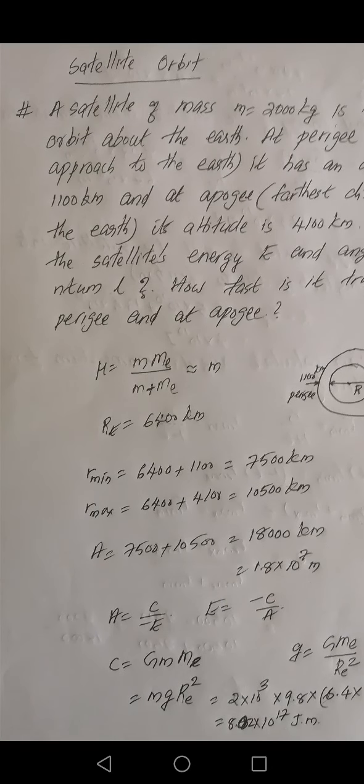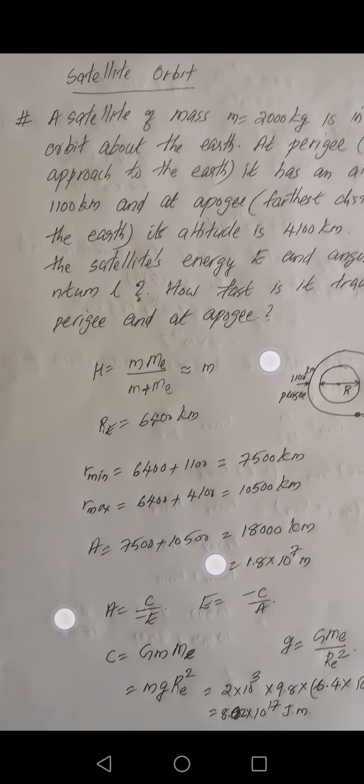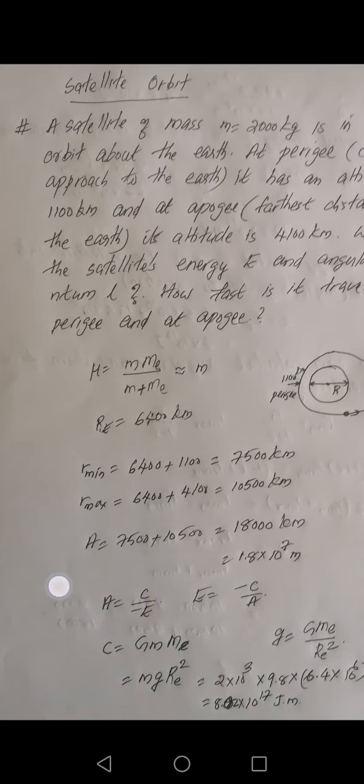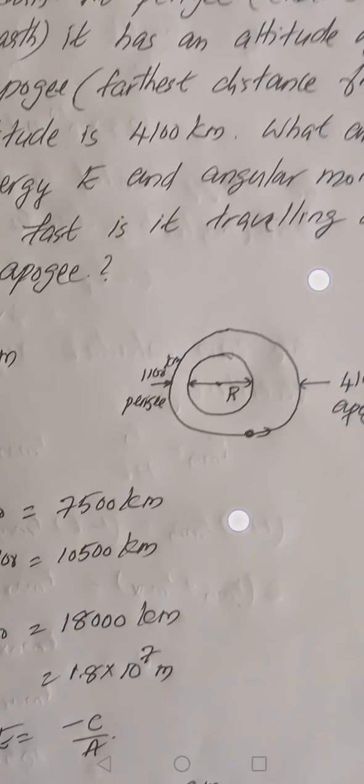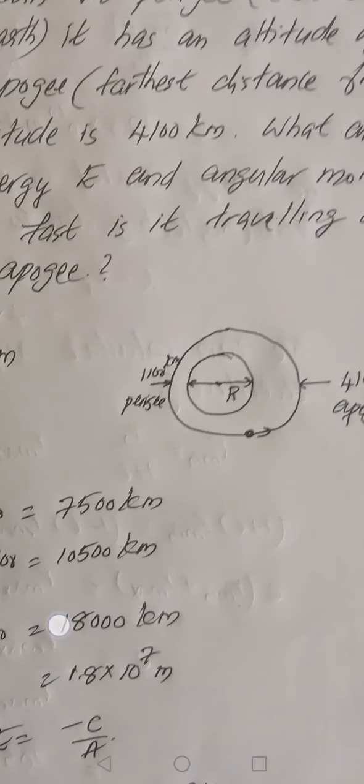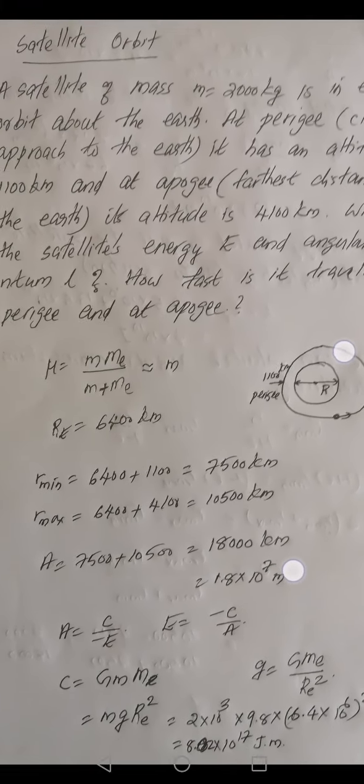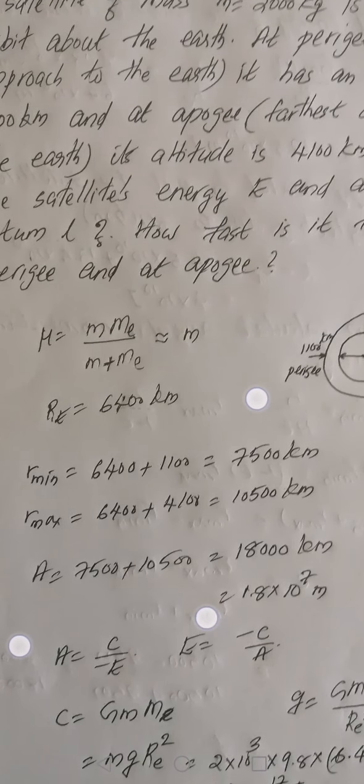R minimum is the radius towards the perigee. That is 6400 kilometer plus 1100 kilometer, that is 7500 kilometer is r minimum, and r max is 6400 plus 4100, that is 10500 kilometer is r max.